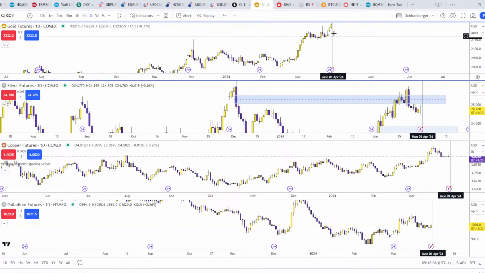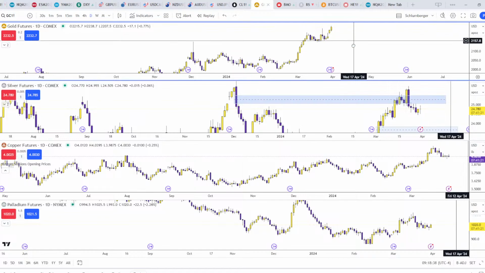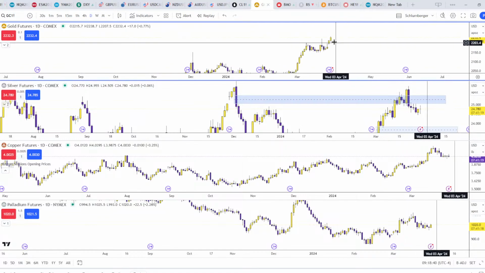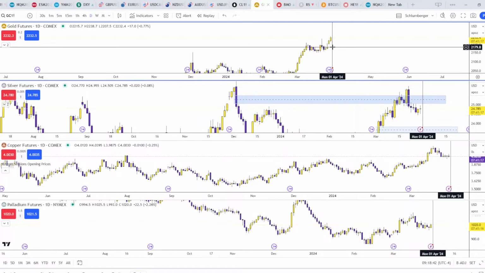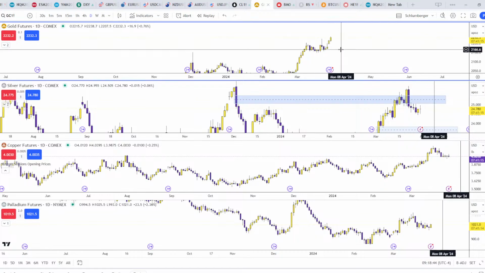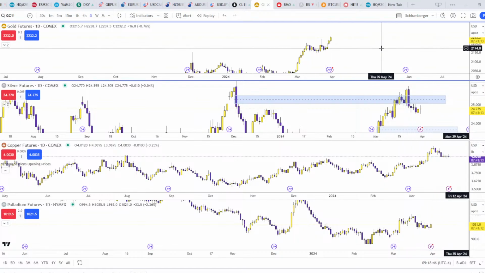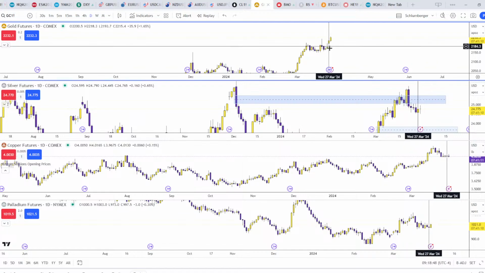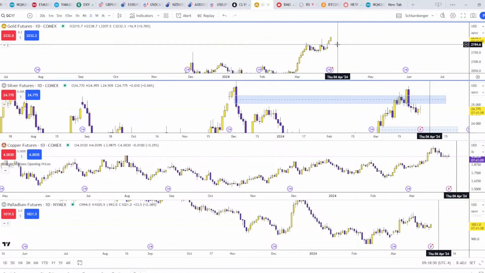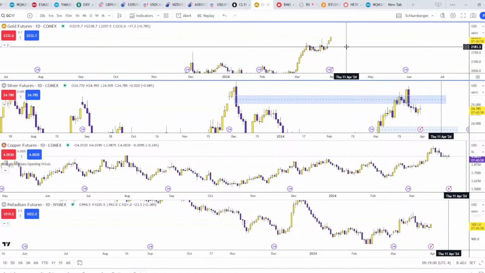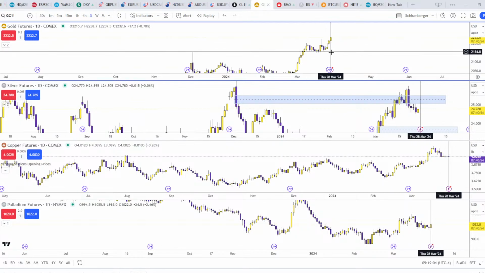Gold is continuing higher. I don't see much of a setup other than this rejection. Sorry, not rejection, this imbalance right here on the daily. If you come back into CAM model 1, right to the bodies, CAM model 2 will put you right in the middle of that order block breaker.